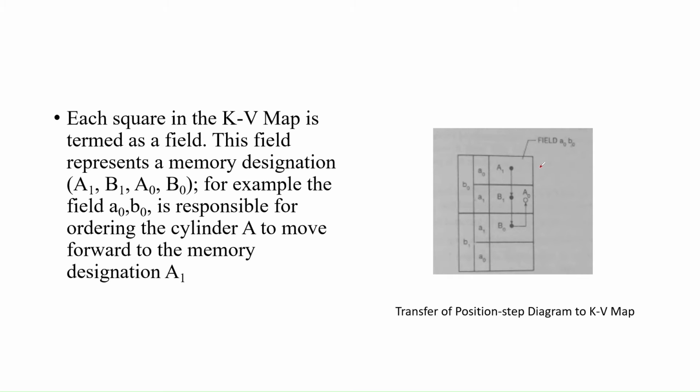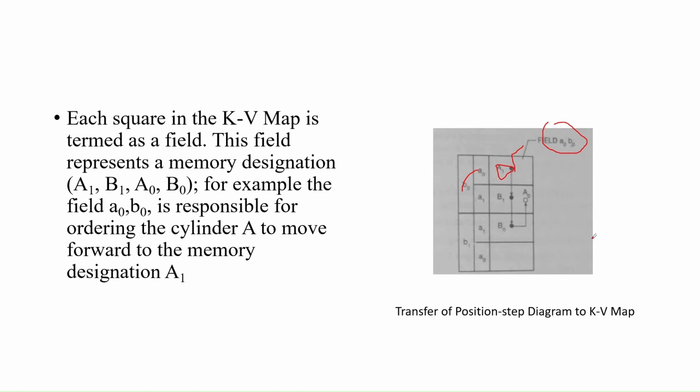The first 2 columns are taken like that by convention. In any question with 2 cylinders, the first column will be B0, B1 and the second column will be A0, A1, A1, A0. It is taken by convention just like this. The values in the fields are from the position step diagram and the first 2 columns.